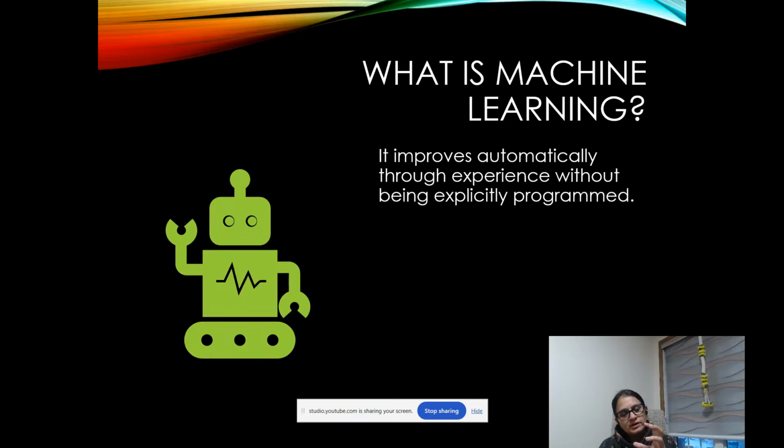Explicitly means you program or train the machine one time. After that, it improves itself by understanding the relationship between the data and features, the relation between the independent features and the target, with its experience. So this is called machine learning. This is the simplest way to explain the definition of machine learning.